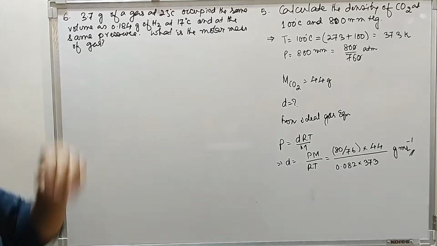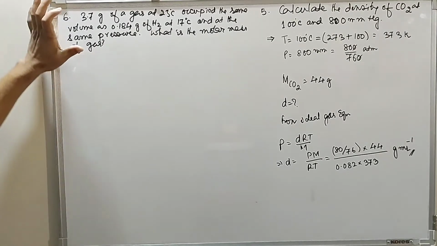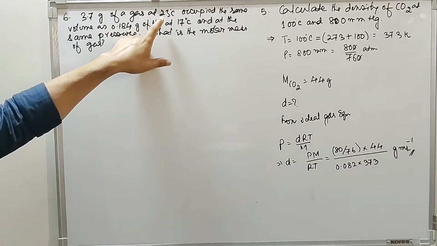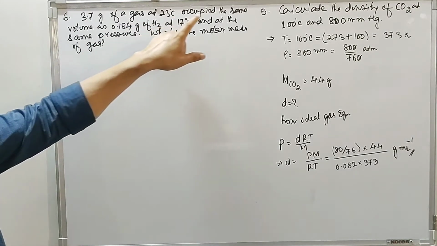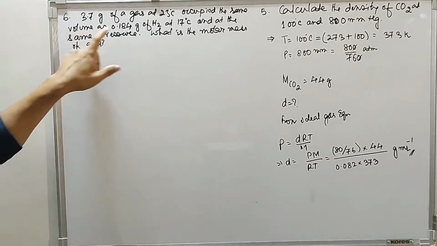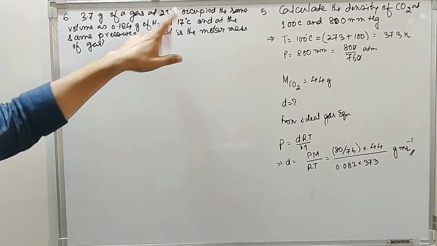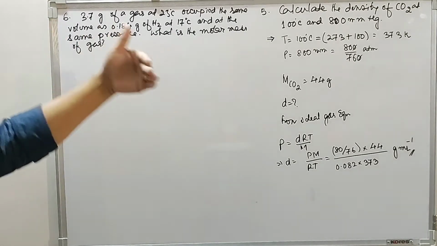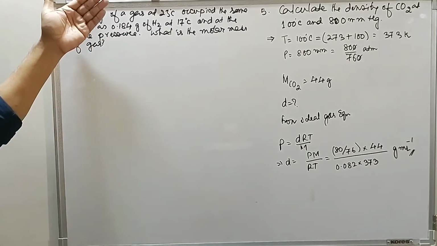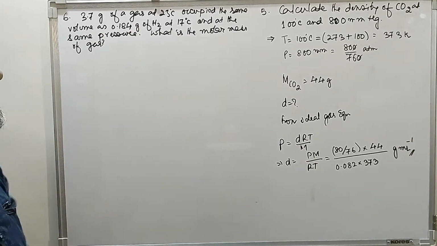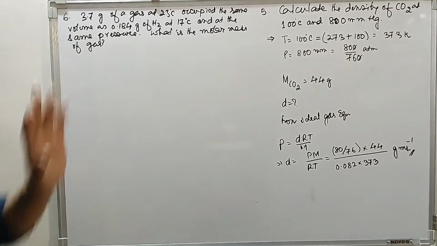So look at this next question. 3.7 gram of a gas at 25 degrees centigrade occupied the same volume as 0.18 gram of hydrogen at 17. So we have two different gases. One is an unknown gas, the other one is hydrogen gas. Both have the same volume and the same pressure.